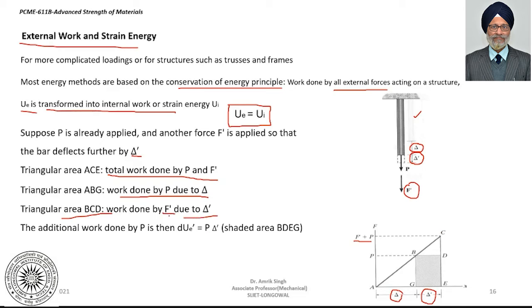The additional work done by P is P into delta dash, that is this shaded area. So this concept is to be understood while deriving the Castigliano theorem.